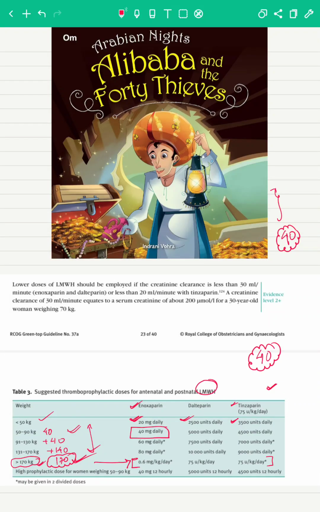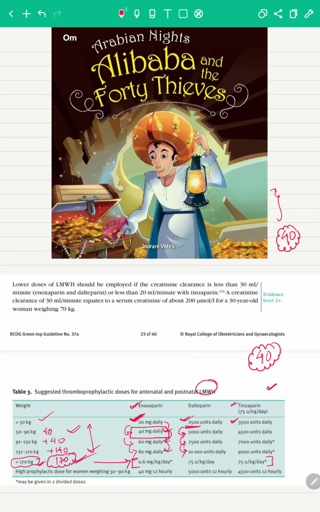One more thing, the first value is the most important value because we go on adding the same value to get the subsequent doses. Like if the first value for Enoxaparin is 20, you go on adding 20 and you get the subsequent values. Similarly, for Dalteparin, the first value is 2500. You go on adding 2500 and you will get the subsequent values.